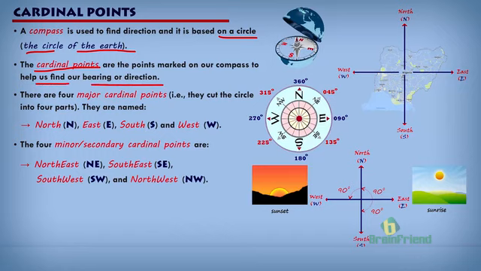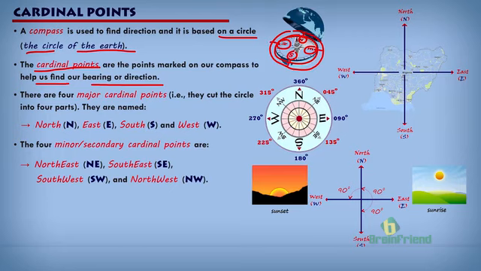This, again, is a depiction of our compass. It is round in shape because the earth is also round. And on the earth, we can find the northern part, the eastern part, the southern part, the western part. So also, the compass is marked and it is pointing in the various directions of the earth.